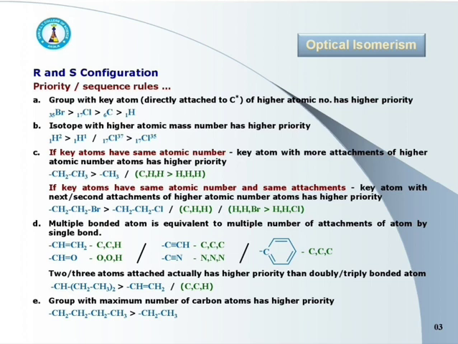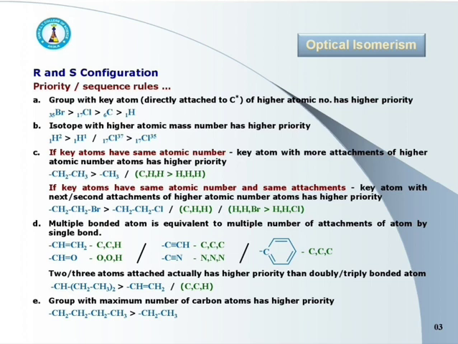For bromoethyl group, next attachments are hydrogen, hydrogen, bromine with atomic numbers 1, 1 and 35. Whereas for chloroethyl group, next attachments are hydrogen, hydrogen, chlorine with atomic numbers 1, 1 and 17.